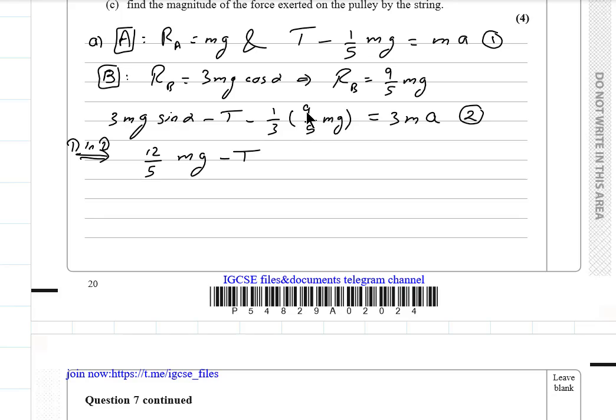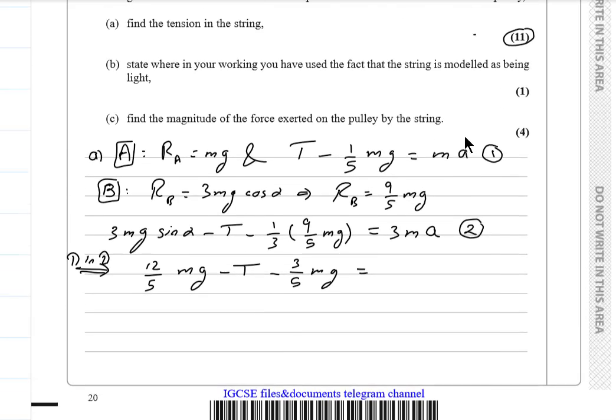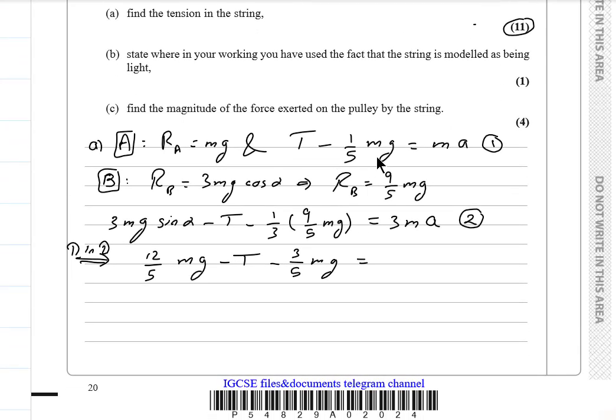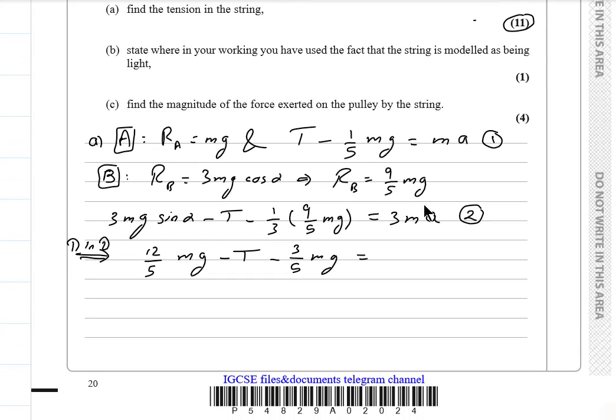Here we can simplify: 9 divided by 3 will be 3, minus 3 over 5 mg, equals 3 times the bracket T minus 1/5 mg. Or we can expand 3 directly on the bracket to be 3T minus 3 over 5 mg.